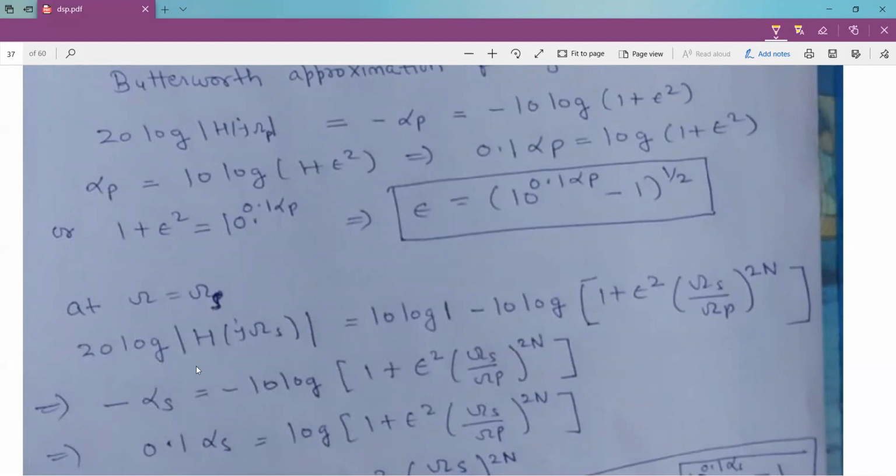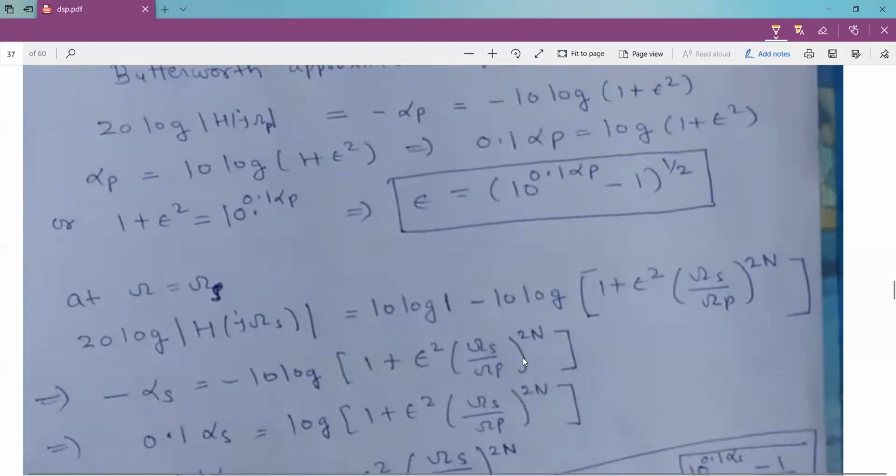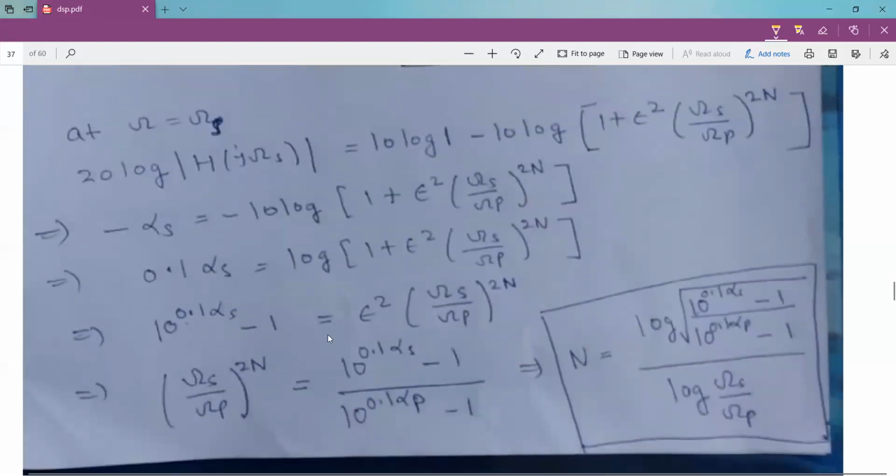Because it is attenuation, it is expressed with a minus, so it will be minus alpha s. 10 log 1 will be equal to 0. So it is equivalent to minus 10 log of 1 plus epsilon square times omega s upon omega p to the power 2n. When you simplify this equation, you will get this type of relationship, and from this relationship you can find out the order of the filter.